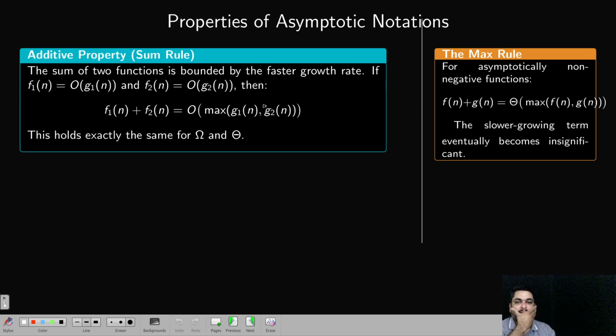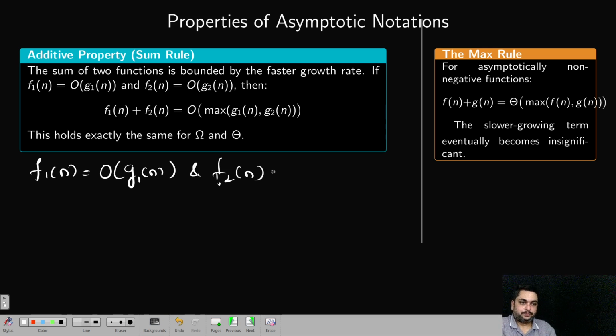Now we'll see some additive and multiplicative properties. If I add or multiply these asymptotic notations, what is the result? First we'll see for big O notation. Suppose I have f1 of n equal to big O of g1 of n and f2 of n equal to big O of g2 of n.